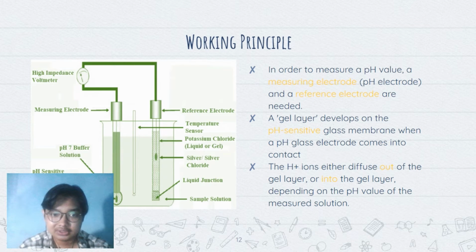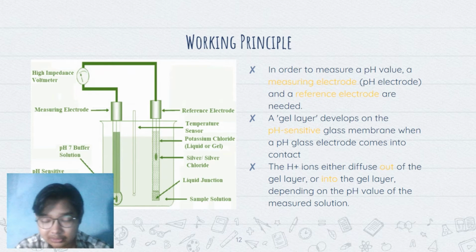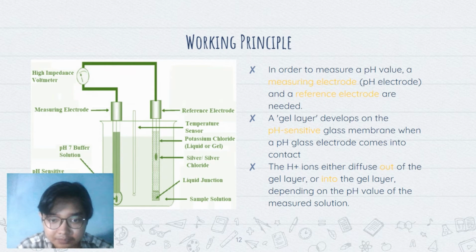We have the scheme of the pH transmitter: the measuring electrode, reference electrode, temperature sensor, liquid junction, sample solution, liquid or gel such as potassium chloride, and then the buffer solution, and so on. This is the scheme in the picture on this slide.